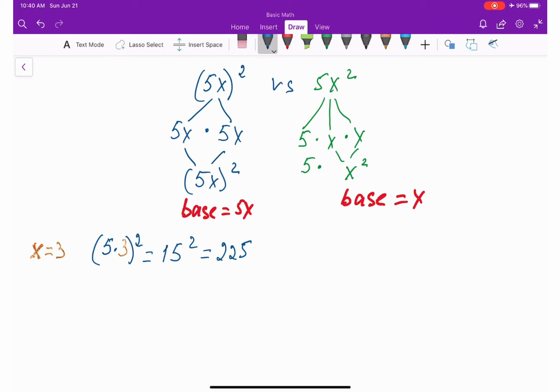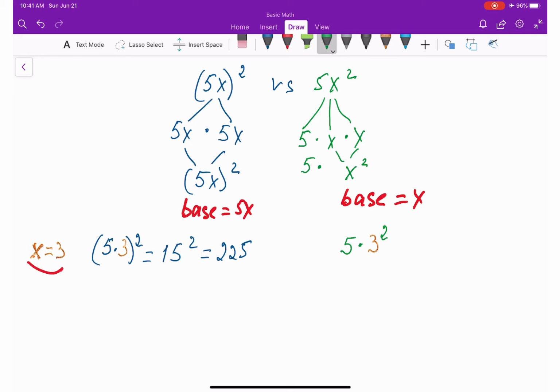And in the case of 5x squared, 5 times x to power 2, for the same x equal to 3, we are getting 5 times 3 to power 2.